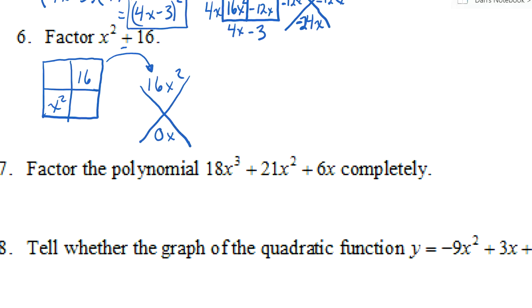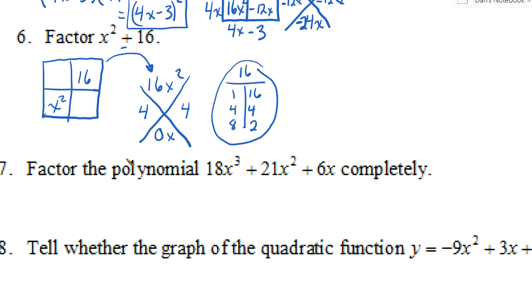Now, a tough thing is the only things that can multiply to 16 would be 1 times 16, 4 times 4, and 8 times 2. Since this 16 is positive, they either have to be both negative or both positive. The only way I can add to 0 with these numbers is if one of them is negative. So if it were negative 4, I'd be okay.